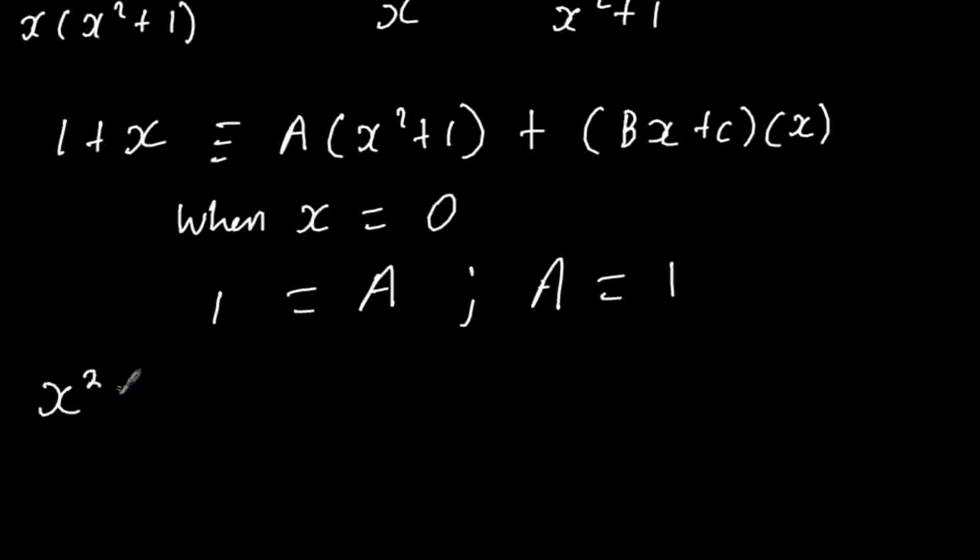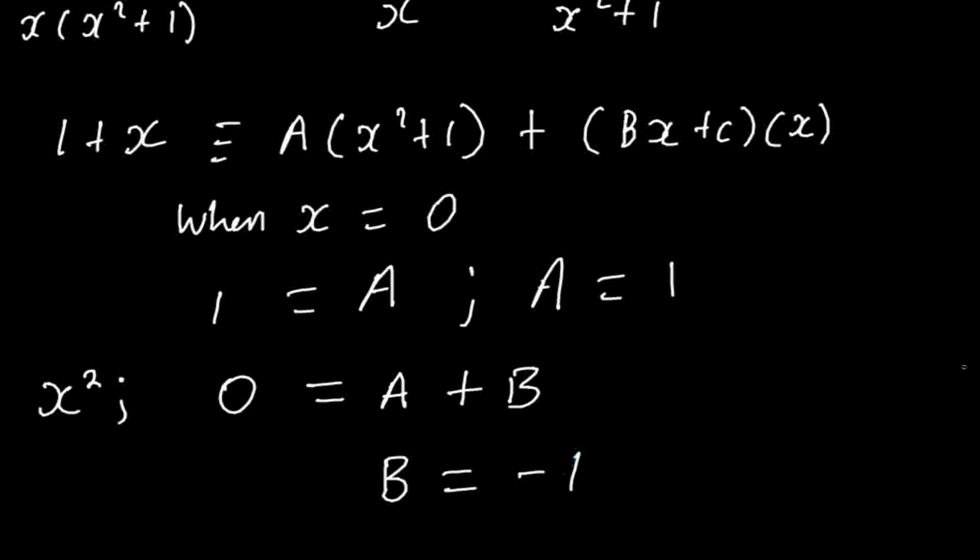For example, if we equate the coefficients of x squared, this side we don't have an x squared, so its coefficient is 0, equaling to this side, where the coefficient of x squared is a when I open the bracket, and the coefficient of x squared here is b, so a plus b. Since a is already 1, put it here, our b will become -1.